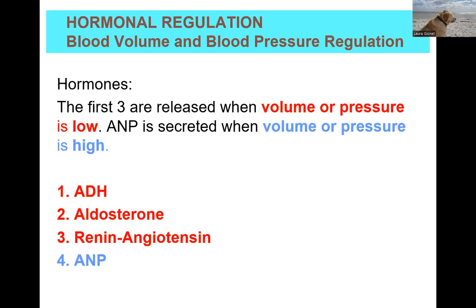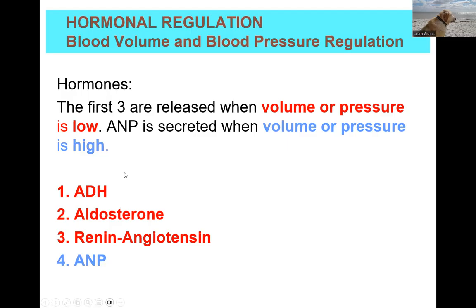Okay, so hormonal regulation, blood volume and blood pressure. Here are the hormones. The first three are released when we have volume or pressure that is lower than normal, and ANP is secreted when the blood pressure or volume is higher than normal. I indicated them in red or blue, right? So when volume or pressure is low, the three hormones here in red are going to elevate blood pressure.